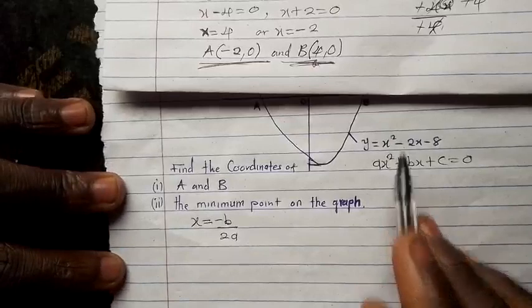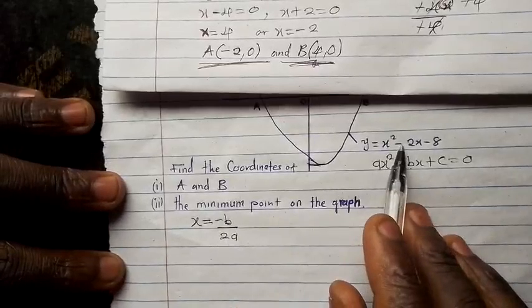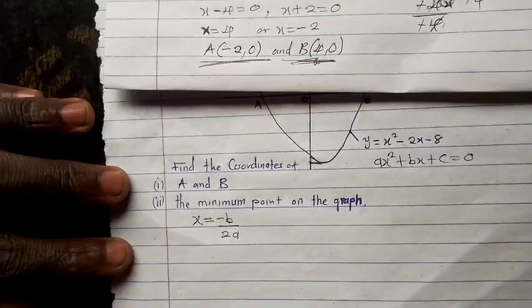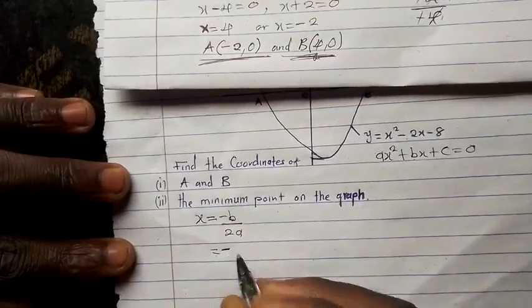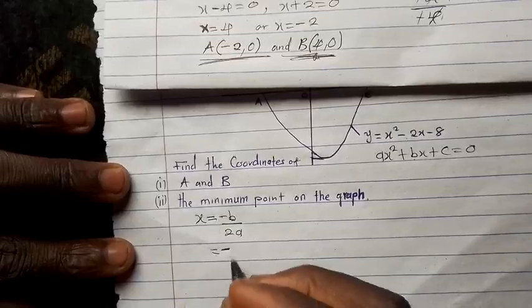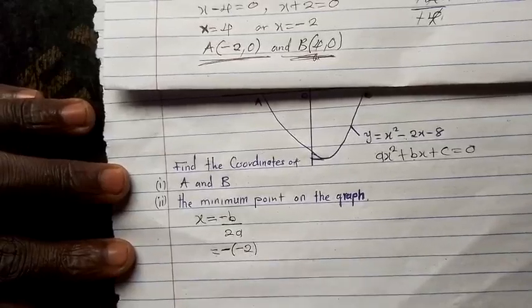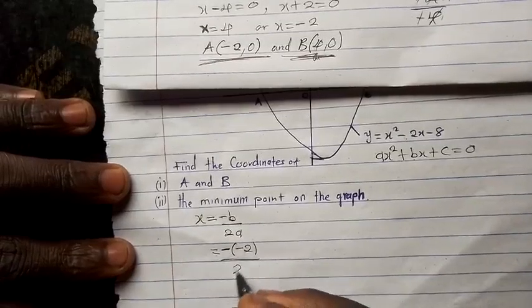Okay? So where there is b, I'm going to put negative 2. Now remember, in the formula here also we are having a negative. So don't forget to put the brackets. So I'm going to say this negative here, it is this one. Then open bracket, the value of b is negative 2, like this. Then over 2.